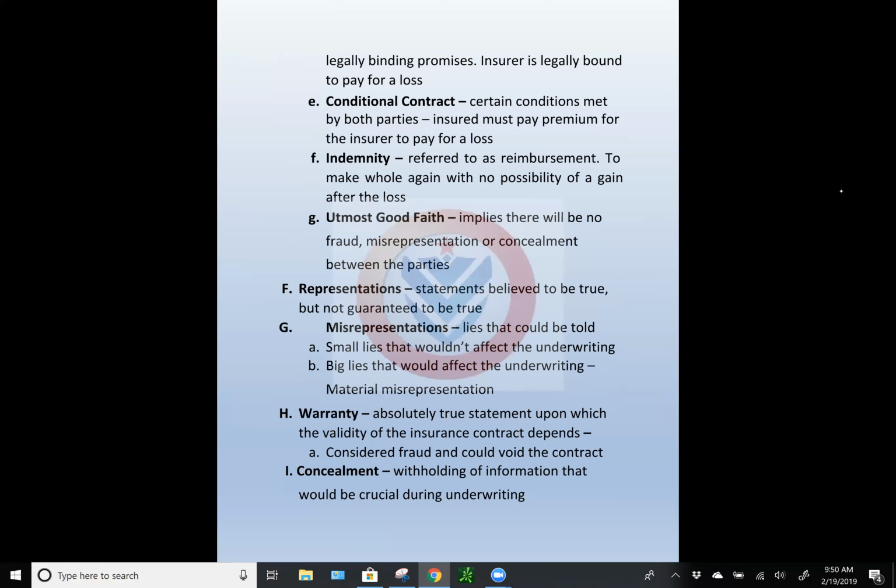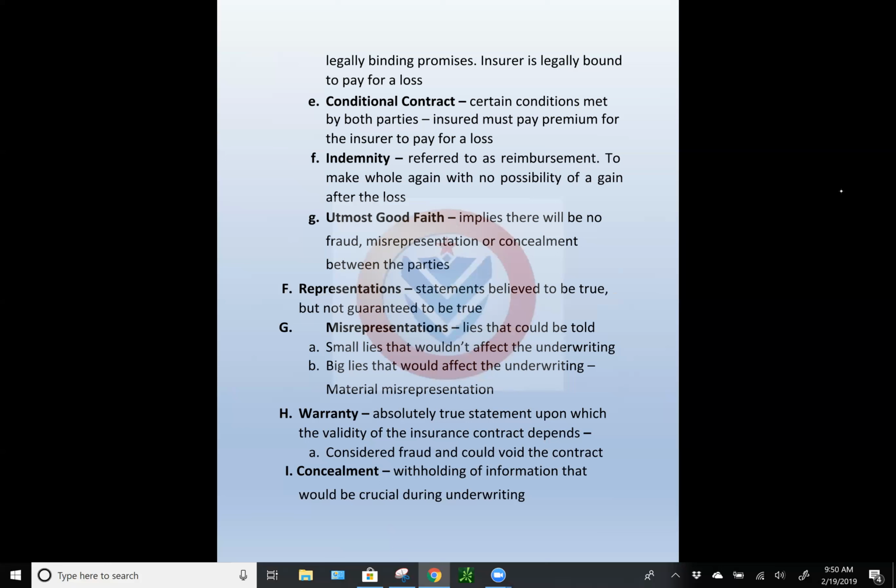I've already been declined by some insurance companies, but I really need some health insurance or life insurance. Do you think I might lie to you? Oh, yes, all day long, actually. If I lie to you, then my representations become misrepresentations.